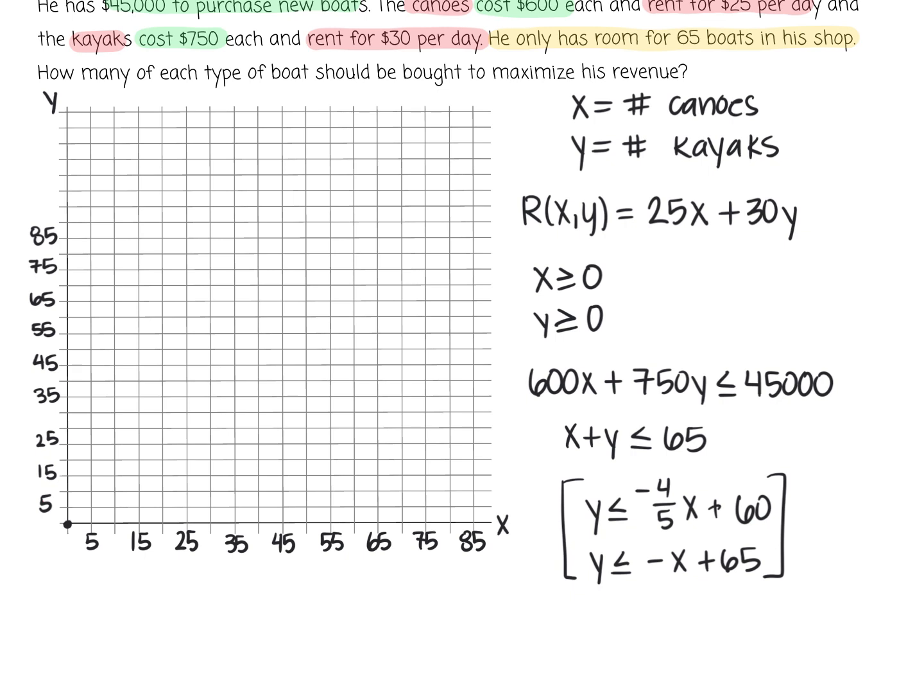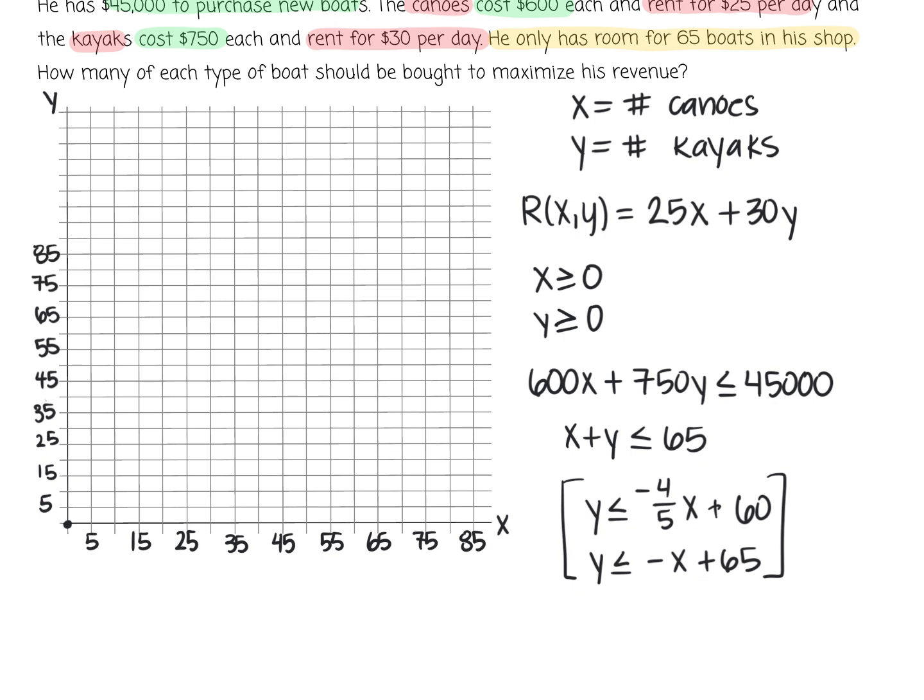So I don't need to keep going in order to make sure my graph is correct. And I just realized I skipped a line, 2 lines. So 35, 45, 55, 65, 75, 85.